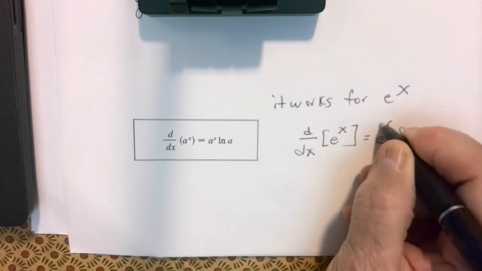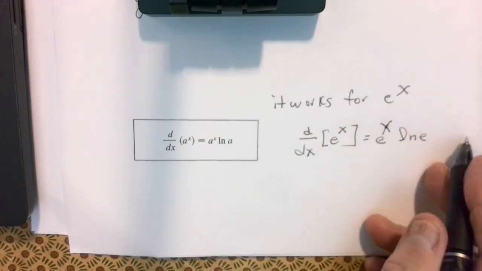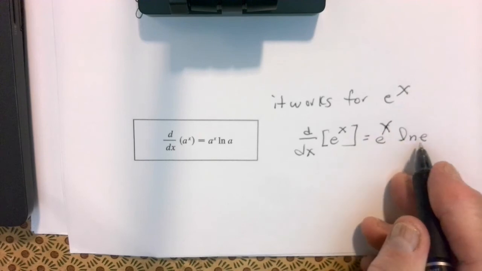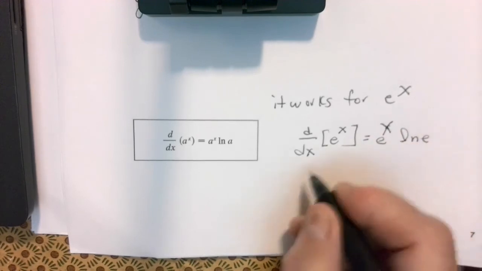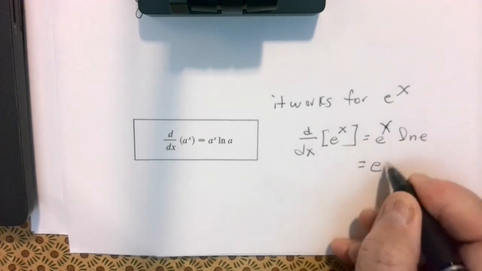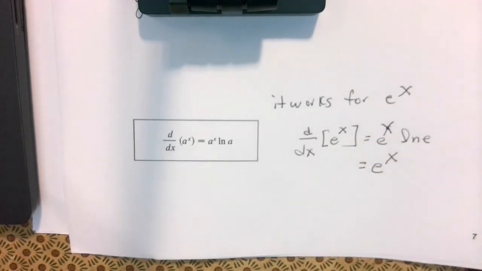Well, what is the natural log of e? It's 1, because it's the power that you raise e to get e. You can do that on your calculator. Natural log of e is 1. So that means it's e to the x, and we already knew that from earlier in one of the other sections.